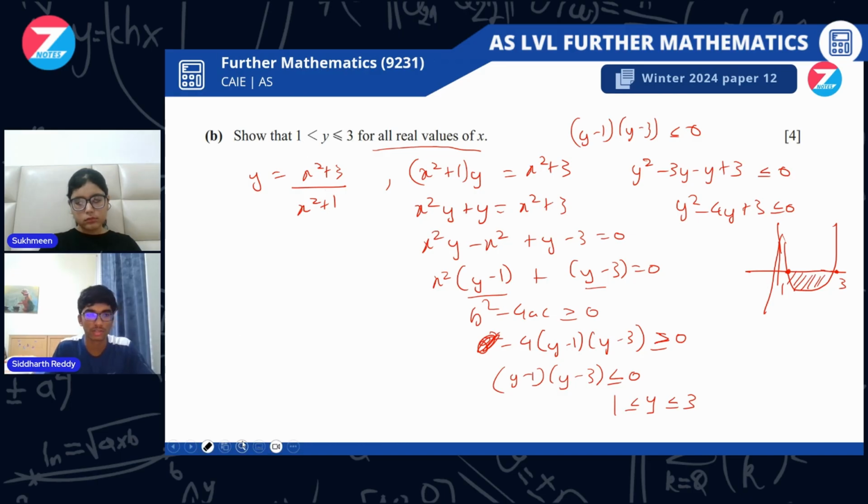That's because at y equal to 1, we have 1 is equal to x square plus 3 by x square plus 1. This equation has no solutions, because it becomes x square plus 1 is equal to x square plus 3. Cancelling the x square, we get 1 is equal to 3, which is obviously not possible. So y cannot equal 1. So it's y greater than 1 and less than or equal to 3.